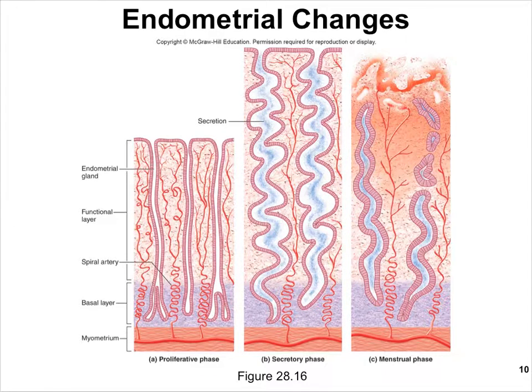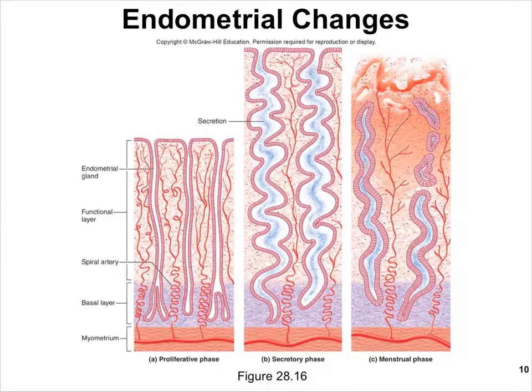Here you can see the development of the tissue of the endometrium at the various stages of the menstrual cycle. Basically, after the menstrual phase, this tissue degrades down to the basal layer. And during the proliferative phase, cells reproduce and divide and divide and divide, rebuilding the endometrium.